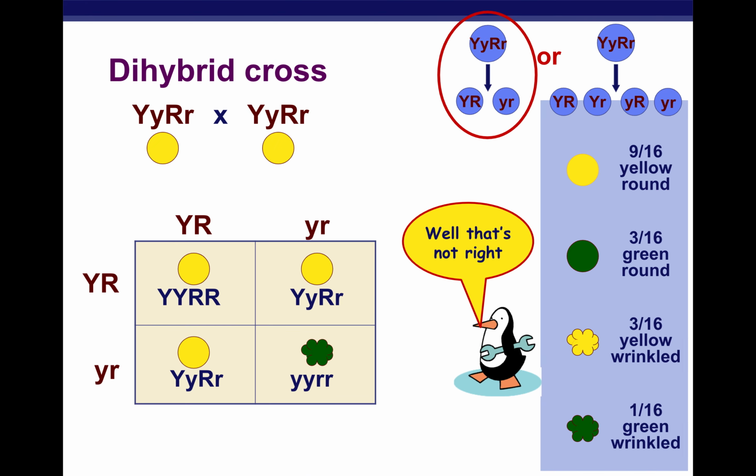So in this case, he did some math and some calculations. This is the hypothesis for if it does matter that the yellow was inherited with the round allele from the original generation, and that the green was inherited with the wrinkled.